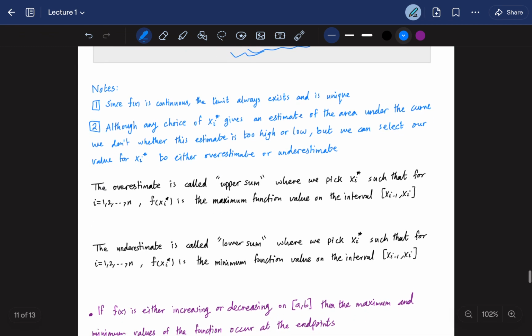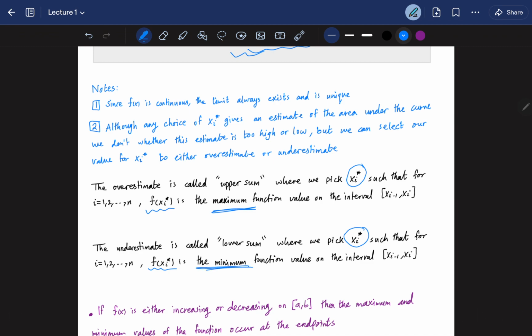When we overestimate, let's call it an upper sum, we're going to choose xi star such that f of xi star is going to be my maximum on that subinterval that I'm dealing with. And if I do an underestimate, which is called the lower sum, once we pick my xi star, f of xi star is going to be a minimum function.